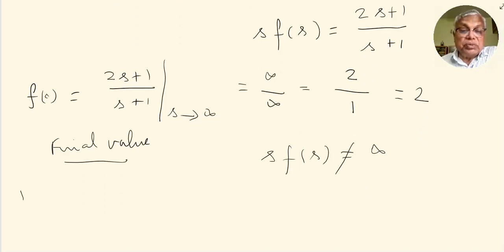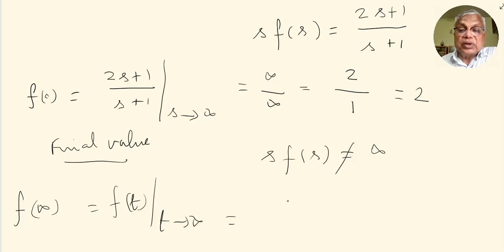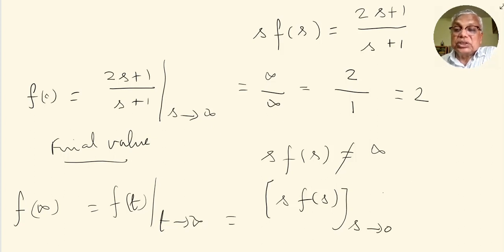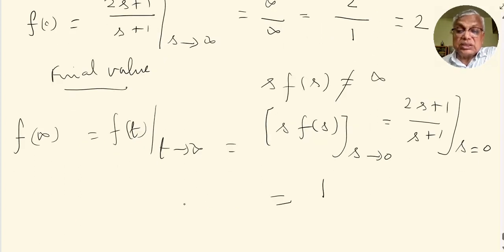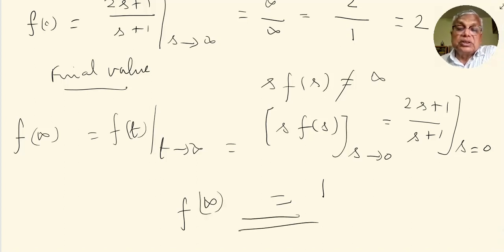The final value, f of t as t tends to infinity, equals s into F(s) as s tends to 0. So the final value is 1.